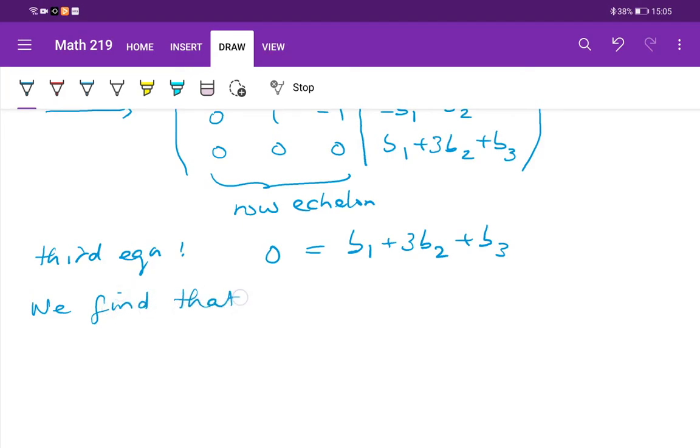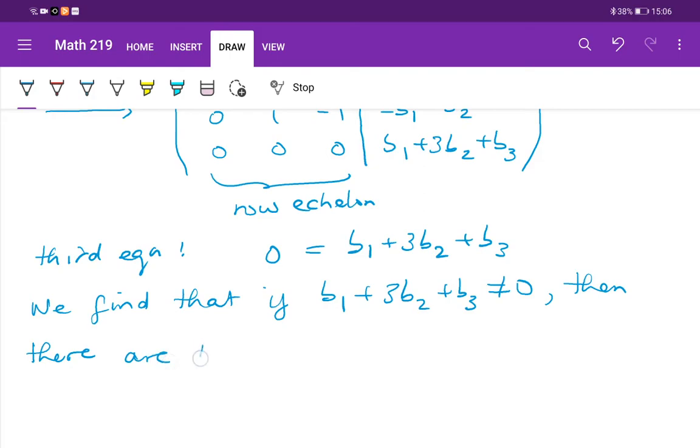If b1 plus 3b2 plus b3 is non-zero, then there are no solutions, because whatever you put in for x, you will never get 0 equal to something non-zero. And in this case, we say that the set of equations is inconsistent.